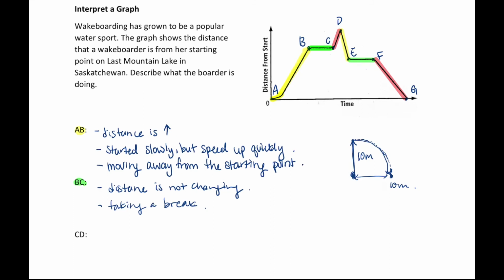All right, so let's take a look at C to D. C to D is that little section there. And we can assume that the distance has increased quite quickly compared to A to B. So the distance is increasing at a faster rate. And also she's moving away from the starting point because it's increasing.